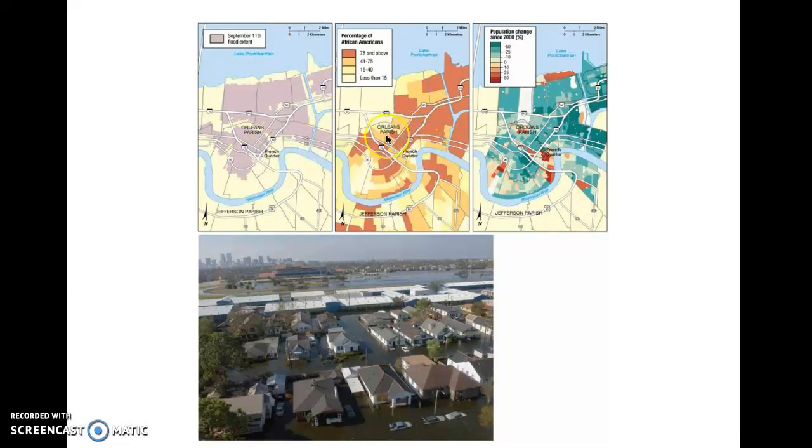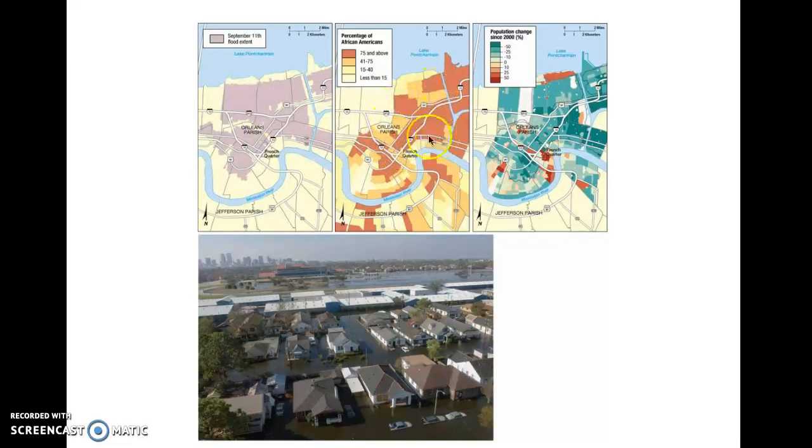And then you look over here at this map, and you want to ask yourself, let's compare this map of the percentage of African Americans in each of these different communities to this map, and were people equally affected by the flood damage of Hurricane Katrina? In some areas, you can see that less than 15% of the population was African American. But overall, look at these areas here.